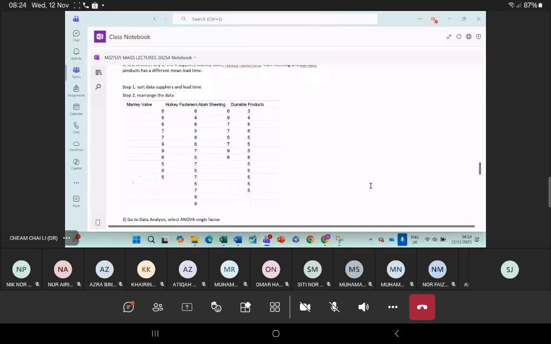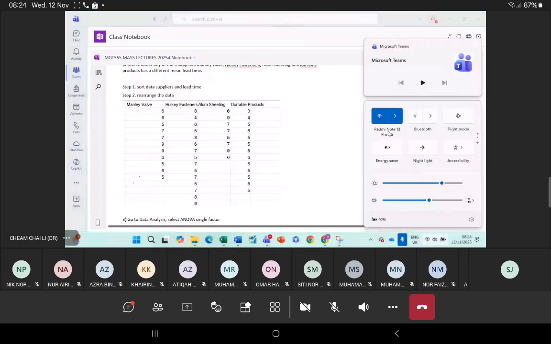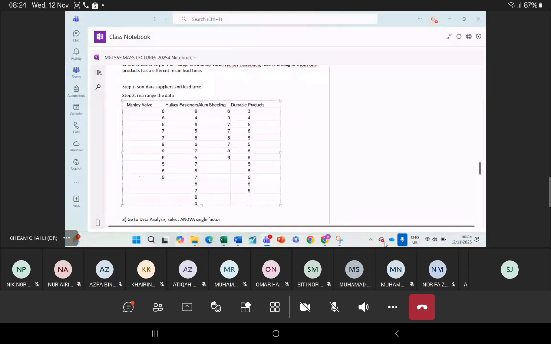So maybe I need to readjust. Now I'm using my hotspot, but if this hotspot is not working, maybe I can try to use the UiTM punya Wi-Fi. So what about now? Is that okay? Can you hear me clearly? Yes, okay. If that happens again, let me know, ya. Otherwise, saya tak tahu. Yeah, just proceed saja.